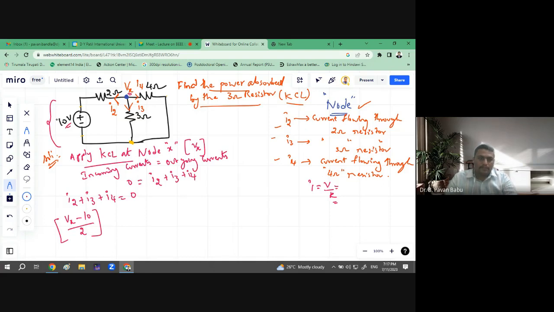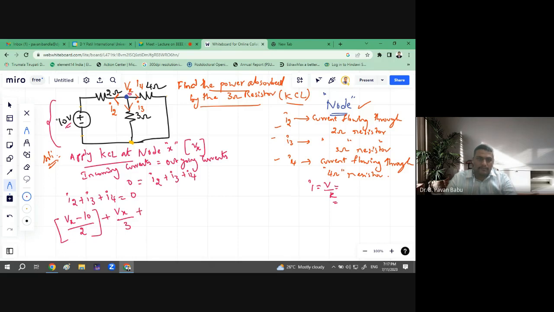Next, what is the value of I3? The voltage across the 3 ohm resistor is Vx, so Vx by 3, since the R value is 3.